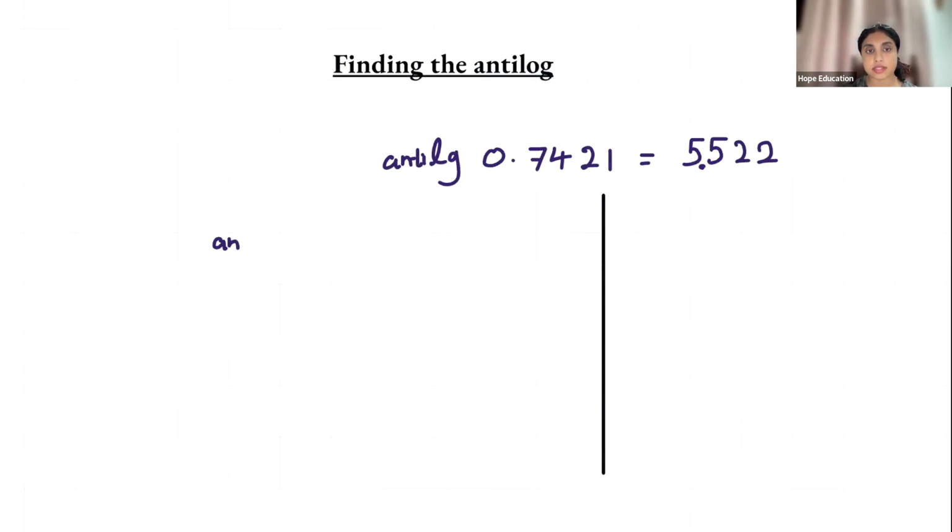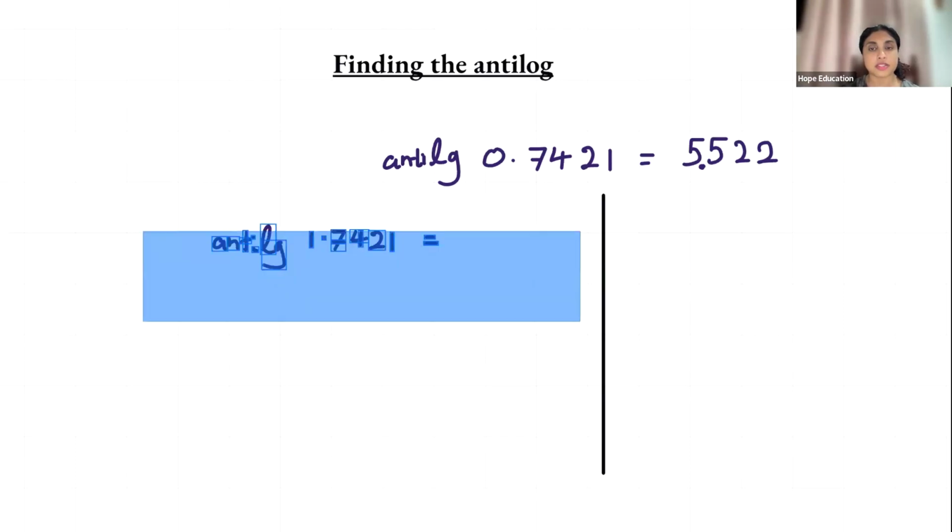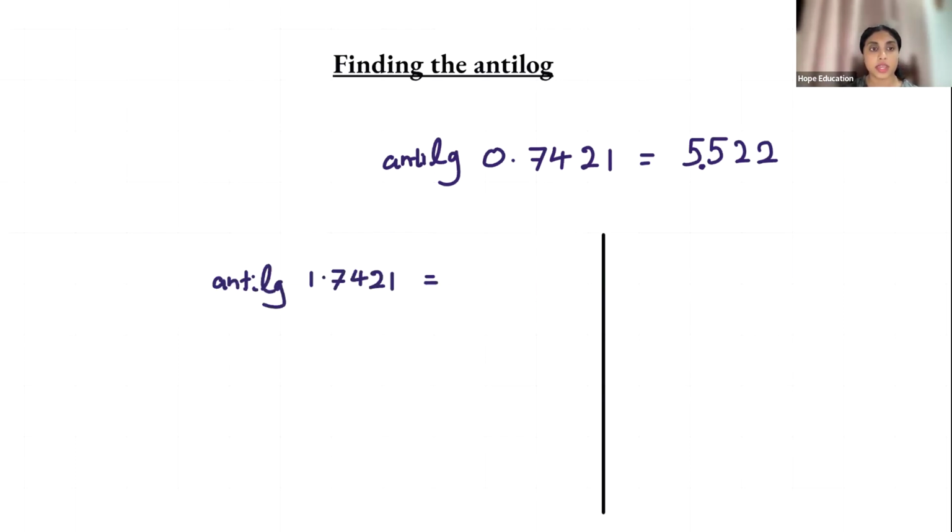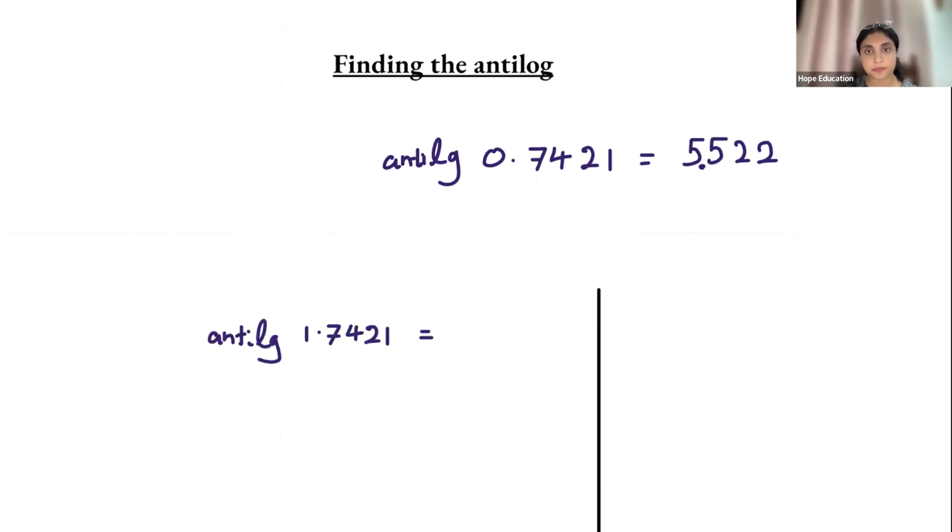Now we know this here. If I say 1.7421, 7421 is a mantissa නේ. Now here, this is the mantissa, okay? This is the mantissa and this is the characteristic.